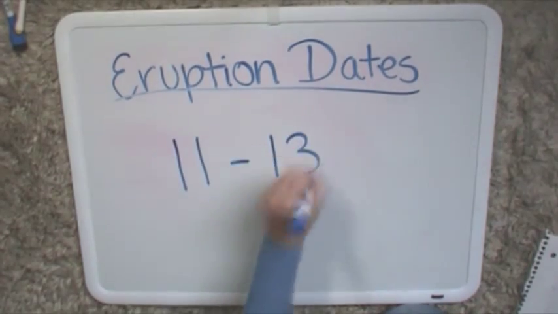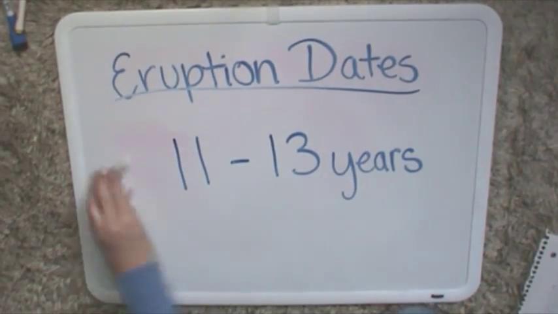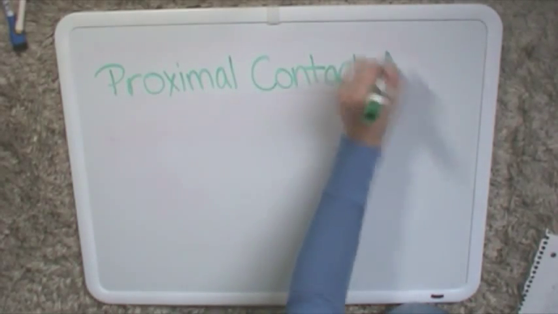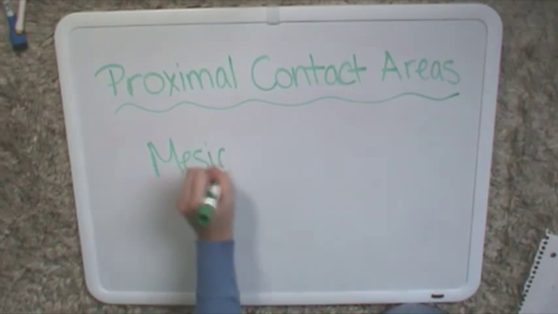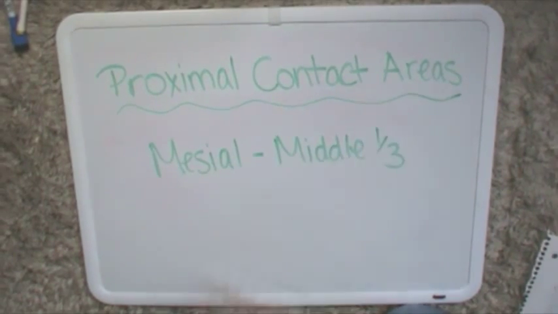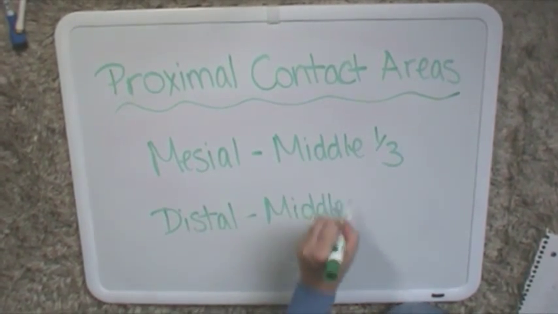These teeth will erupt at 11 to 13 years old. The proximal contact can be found in the middle third on both the mesial and distal.